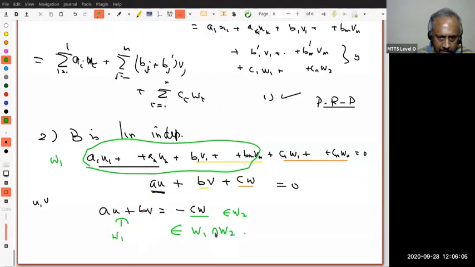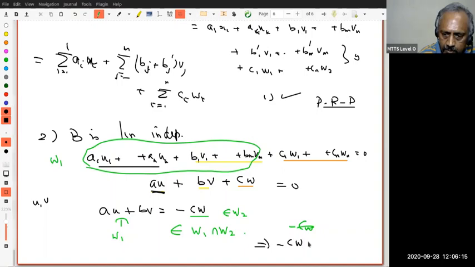In particular, minus CW is in W1 intersection W2. What is minus CW? That is the element c1 w1 plus ... plus cn wn with a minus sign. You understand that?